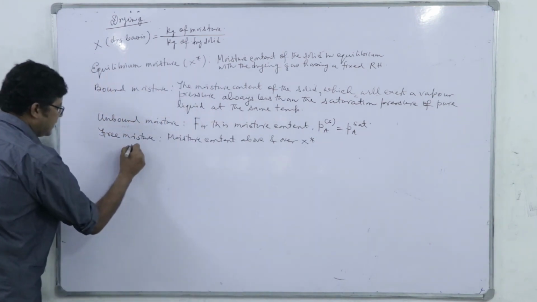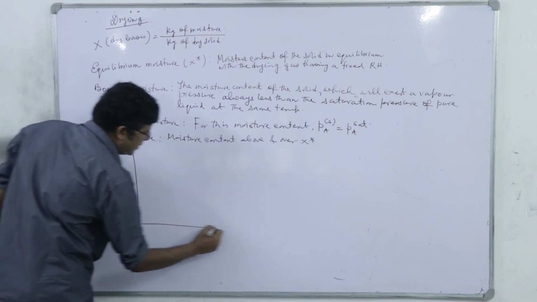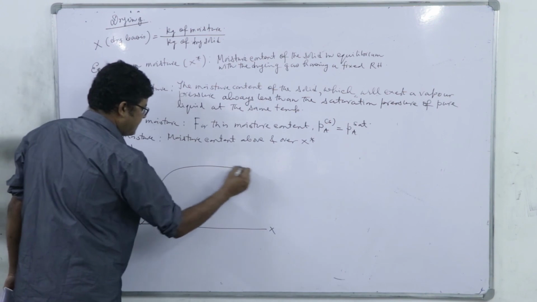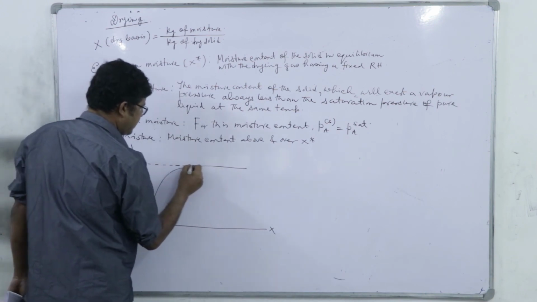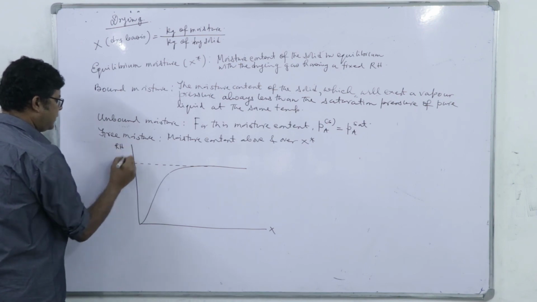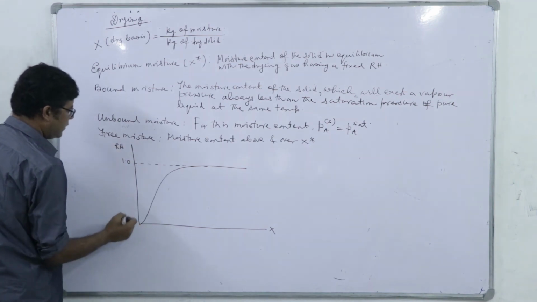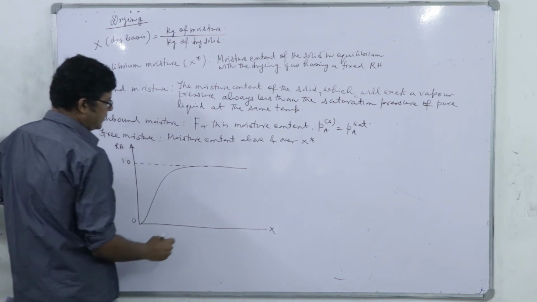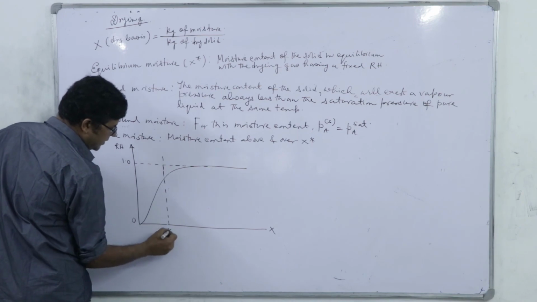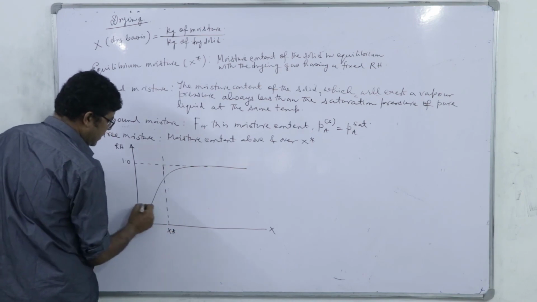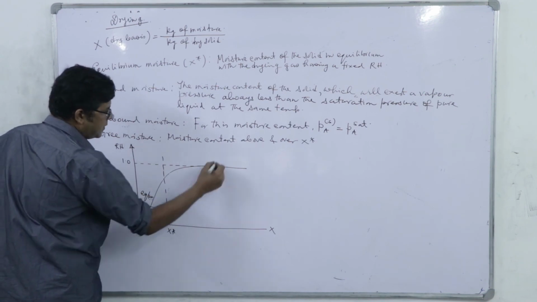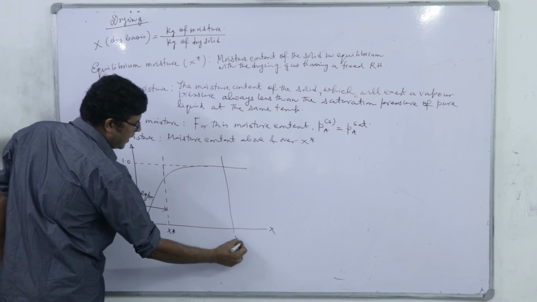So, diagrammatically we can represent it like this. This is the RH, this is 1, this is 0, and this is x. Somewhere here for a specific material, as we have seen, this is x star, the equilibrium moisture, and let us say this is xi.